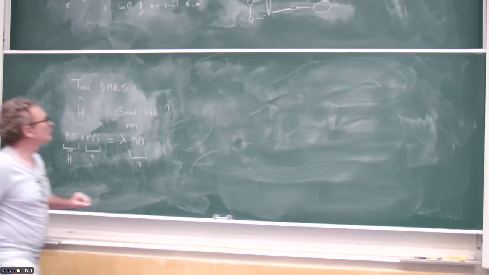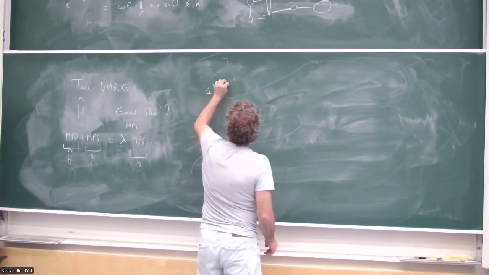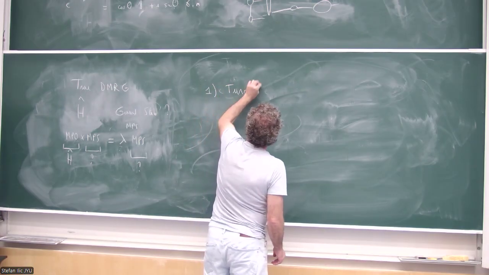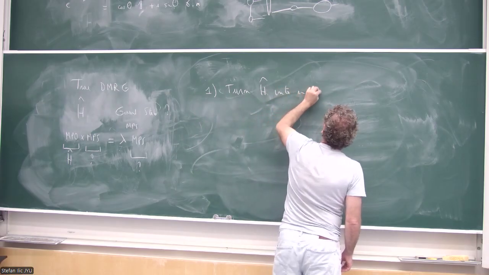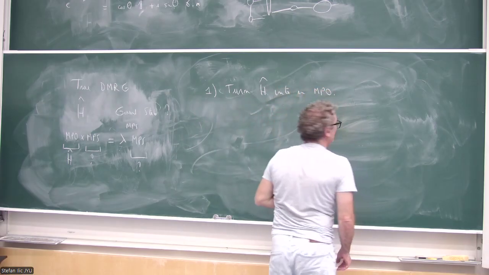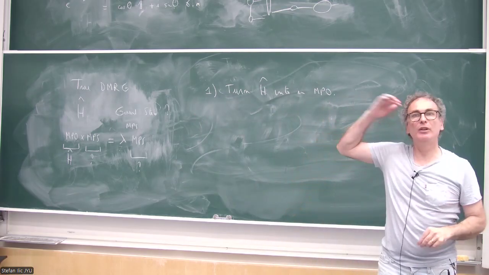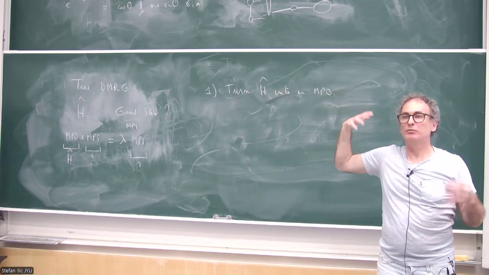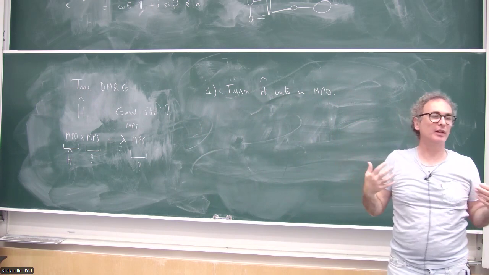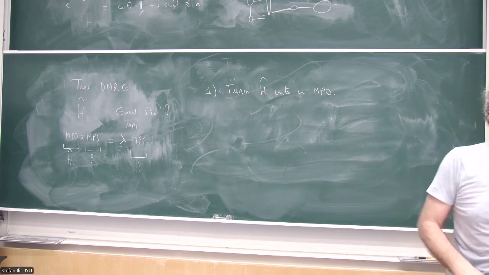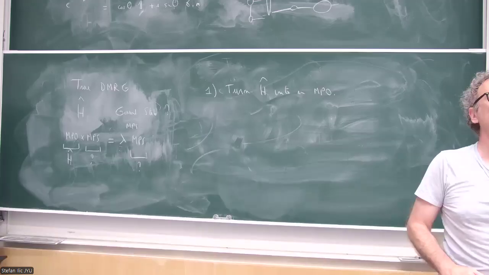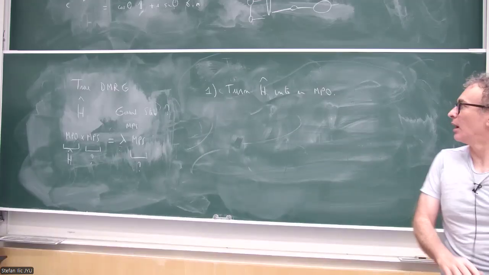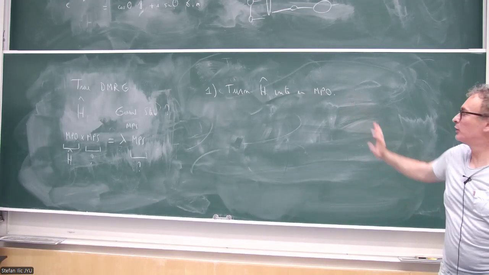So this is what we will do: one, turn H into an MPO. And you will see when we do it. I will do it for this particular example, but the way it works, you will see that essentially any local Hamiltonian where the interaction is local, you can turn into a finite rank MPO.